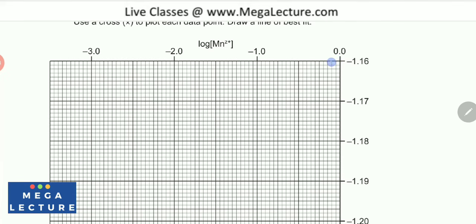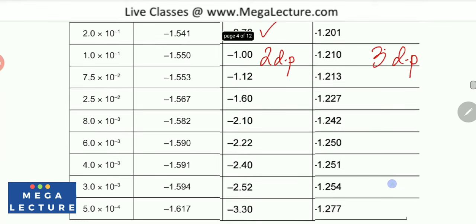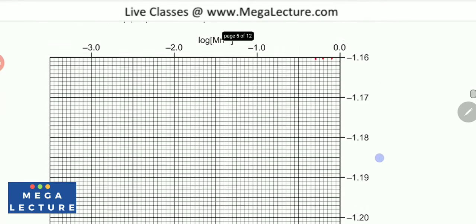So that's 0.1, then 0.2. 0.1 would be represented by 2 boxes. Let me mark that, 0.1. Then you have 0.2, and the next one is 0.3. So that's 0.3. Now on the y-axis, your value was minus 1.189. So let's have a look.